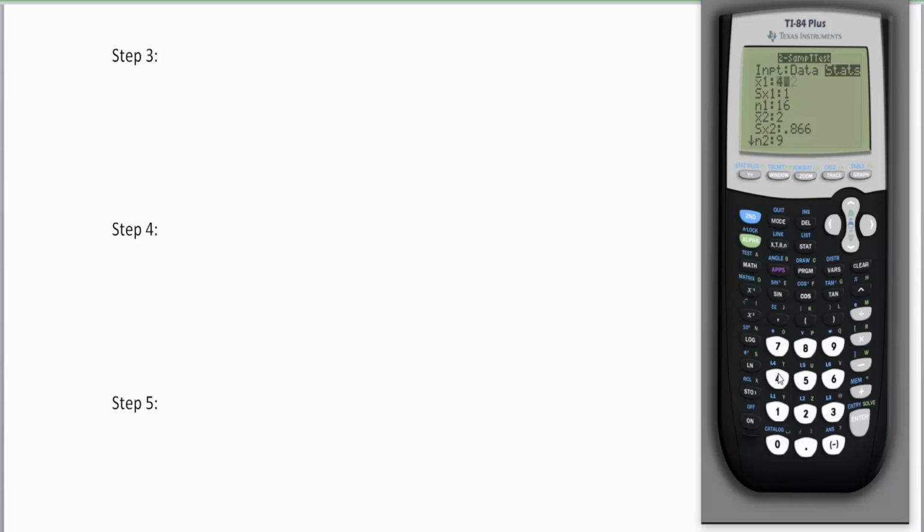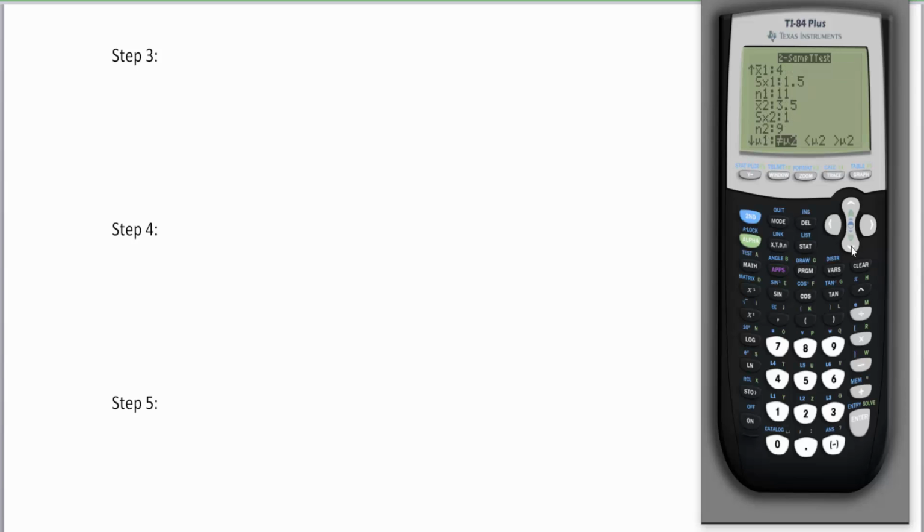So the average of the first college was 4, with a standard deviation of 1.5. The sample size of that first college was 11. The average of the second college was 3.5, only a little lower. Standard deviation was 1. And the sample size was 9.